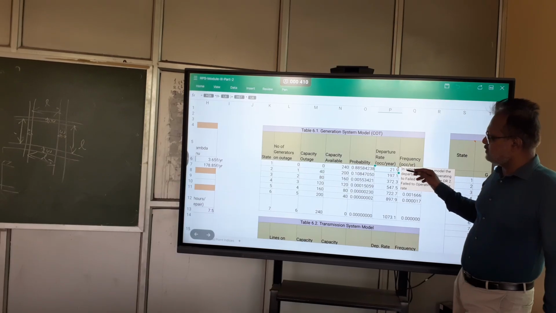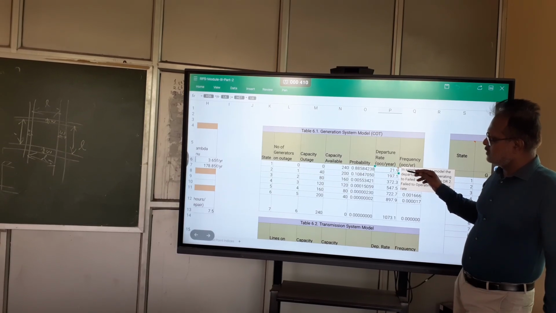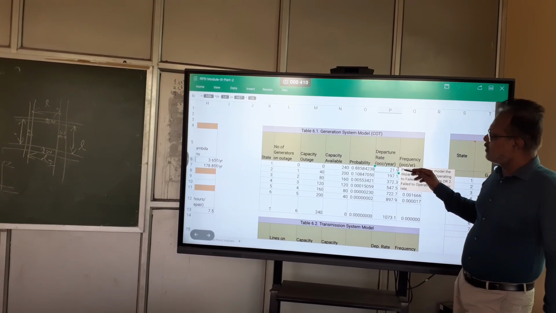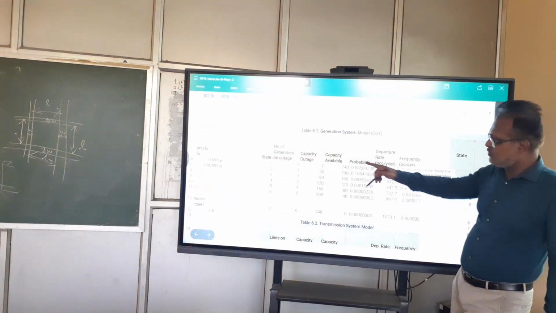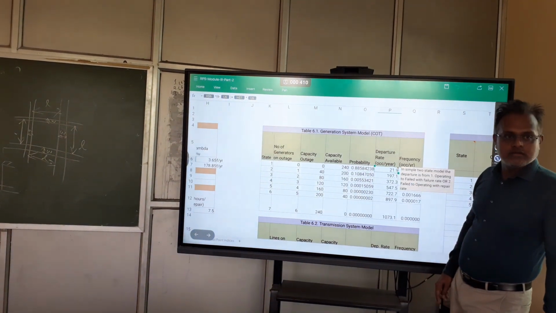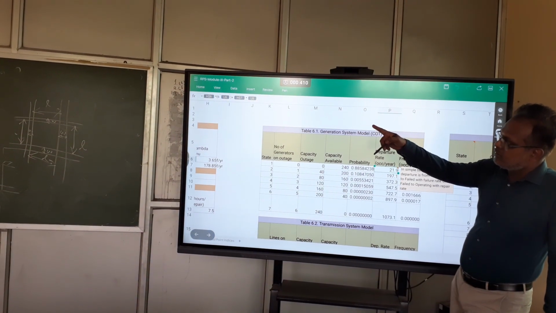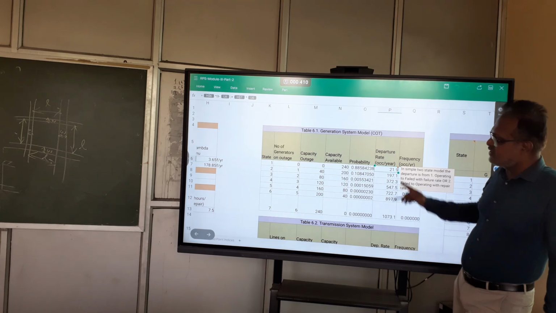In this case there is no failure, zero capacity outage. As you see here, the formula is written for how it is calculated.